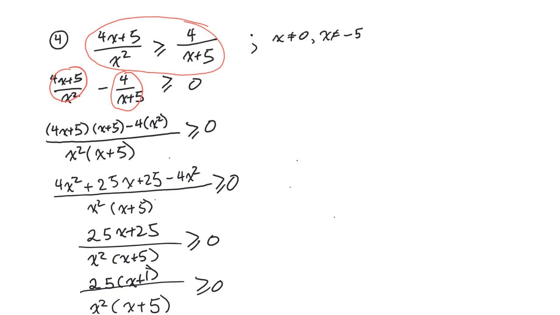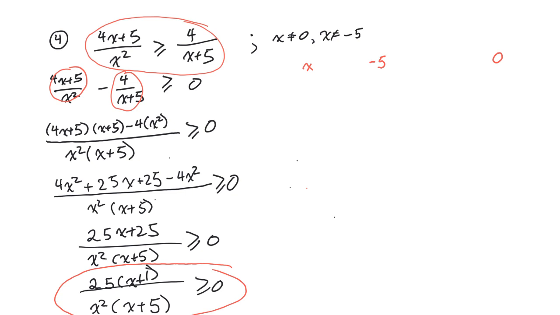So now what we'll do, we'll use all of those key values and our zeros from the top of the fraction to find the intervals that are important. So in this case, based on our final equation for our inequality, we have values of 0 and -5 being important, i.e. where our undefined values are.